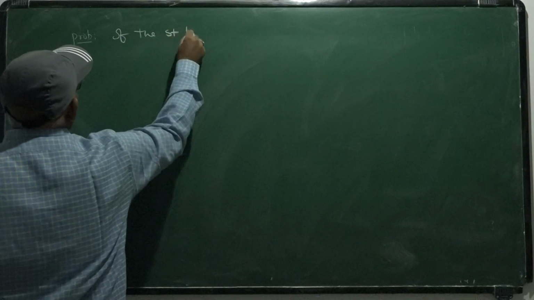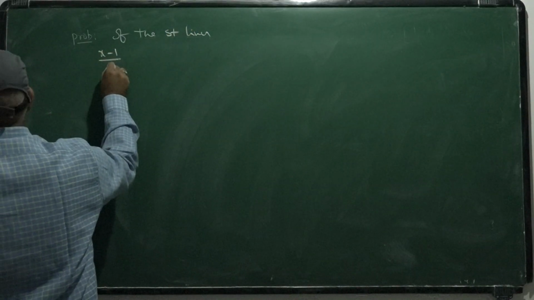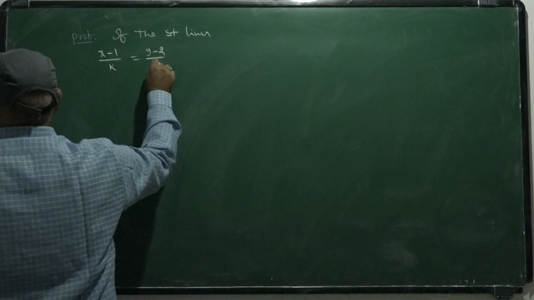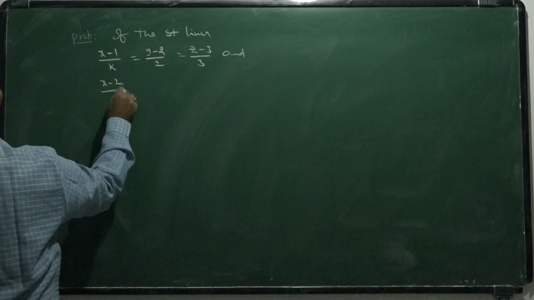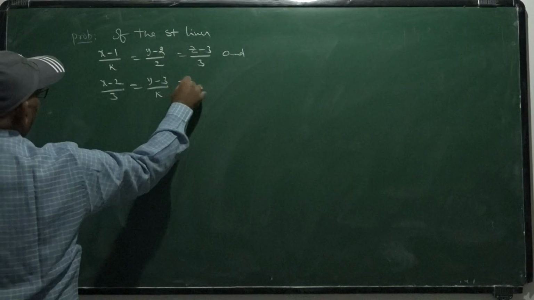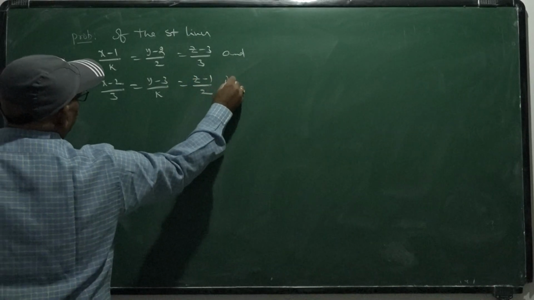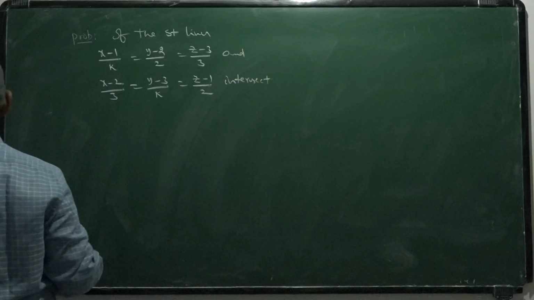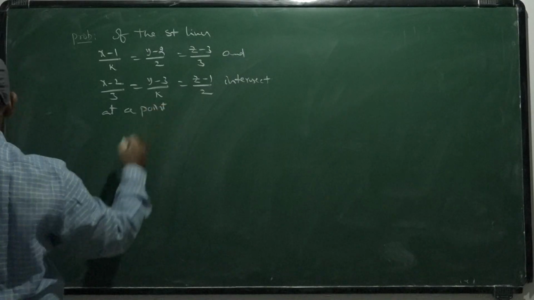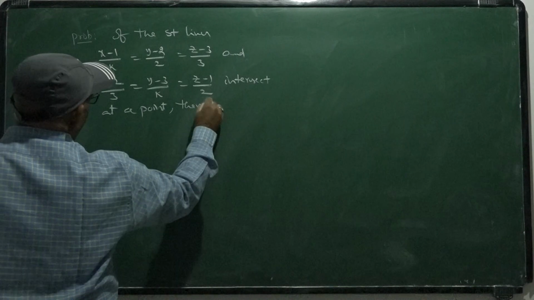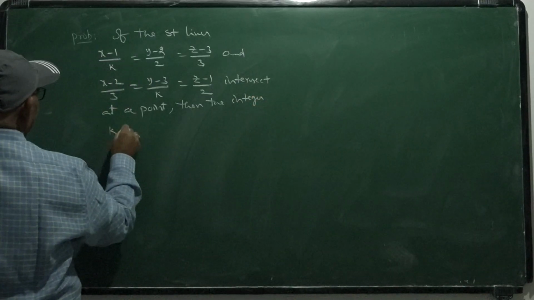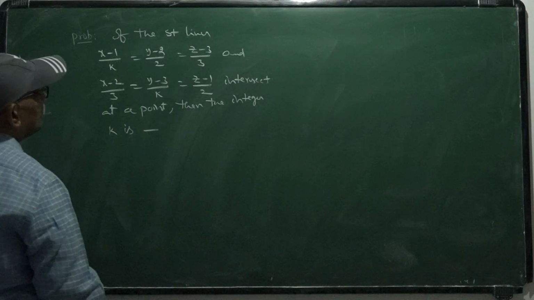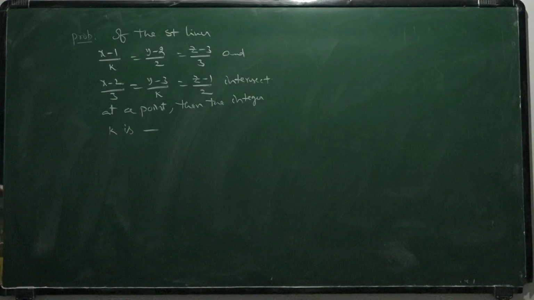If the straight lines (x minus 1)/k equal to (y minus 2)/2 equal to (z minus 3)/3, and (x minus 2)/3 equal to (y minus 3)/k equal to (z minus 1)/2 intersect at a point, then the integer k is equal to, if the straight lines intersect at a point, then the integer value.